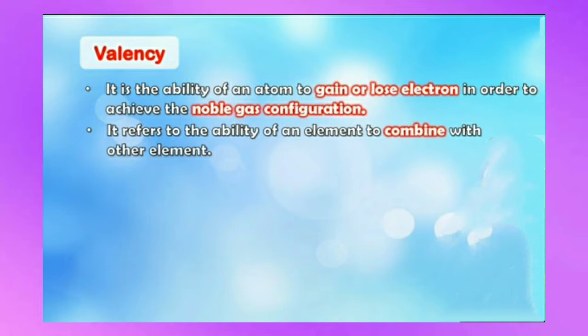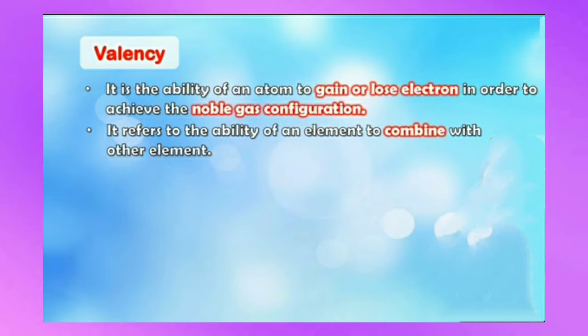Now why do they want to lose or gain electron? To attain stability in the atom, right? To complete its octet so that it can achieve the noble gas configuration. And we know that noble gases have their octet complete. That means they have 8 electrons in their outermost shell.